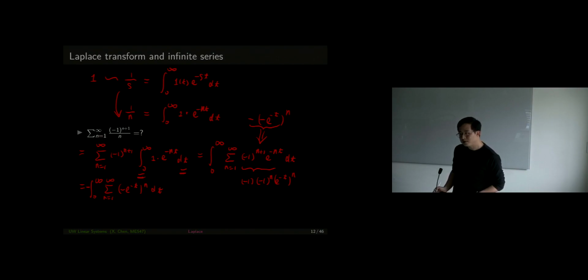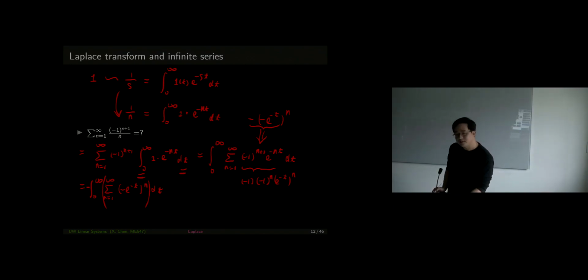So now we're just going to use something very fundamental to solve this step. I noticed that inside, this infinite summation is about n. It's not about t. So I can do this infinite summation inside first, and then care about t afterwards.